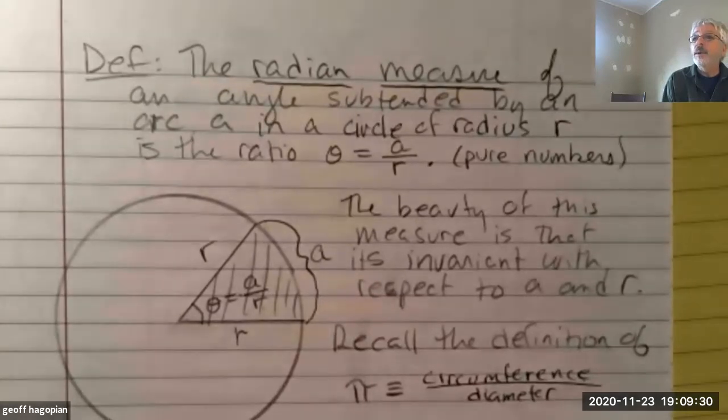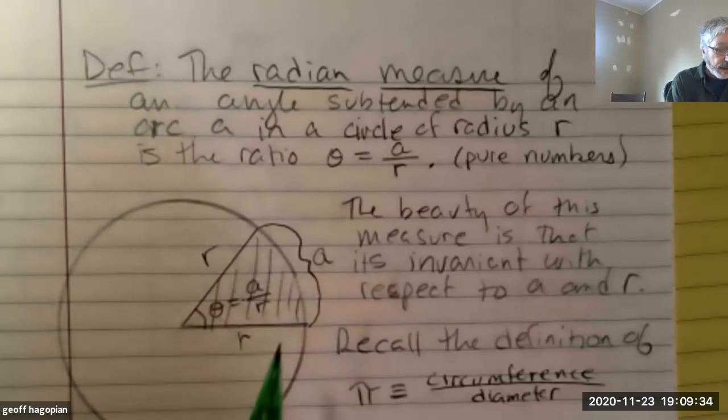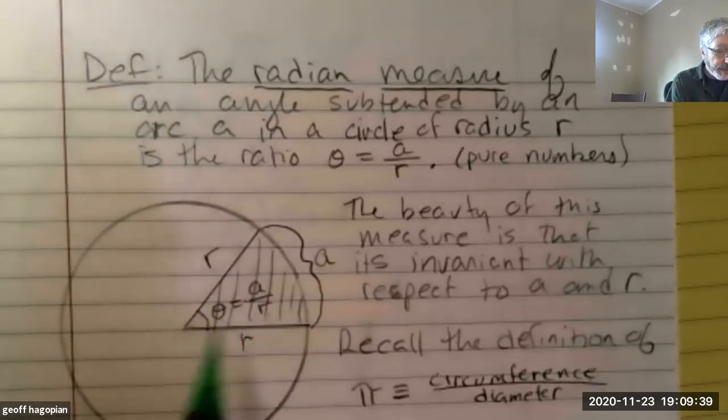So we were just reviewing what we were doing last time, which was we defined the radian measure as a non-dimensional quantity that will measure the angle.